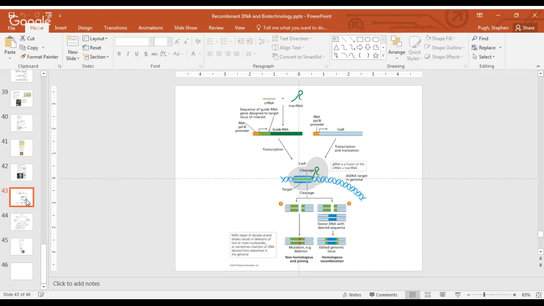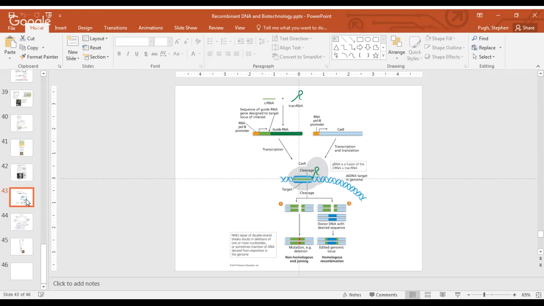And what researchers have discovered is that you can manipulate the sequence of this CRISPR and attach a CRISPR of any sequence of bases to a Cas9 protein, which allows you to direct this complex to any particular spot in the genome that you would like. So you can cut the DNA with Cas9 and then insert sequences of DNA to insert a gene.